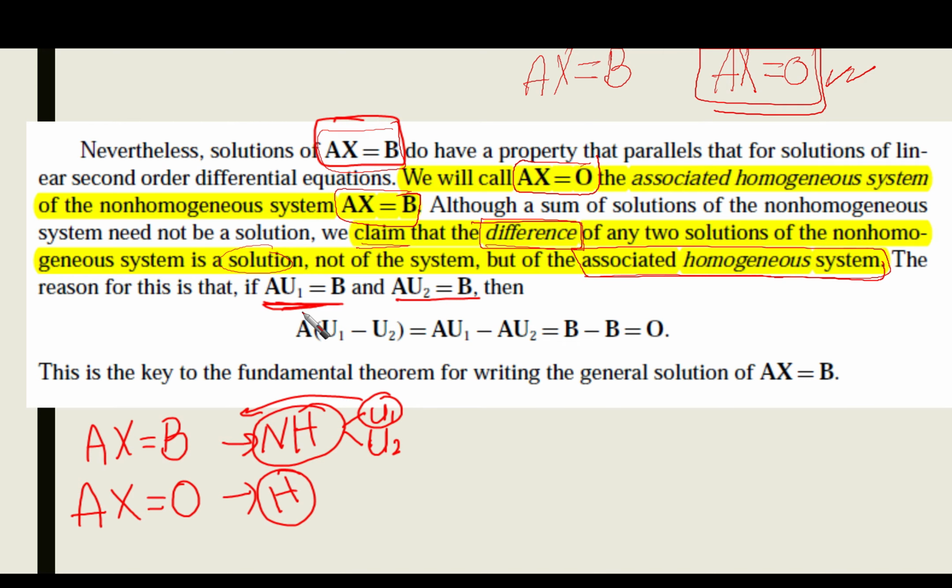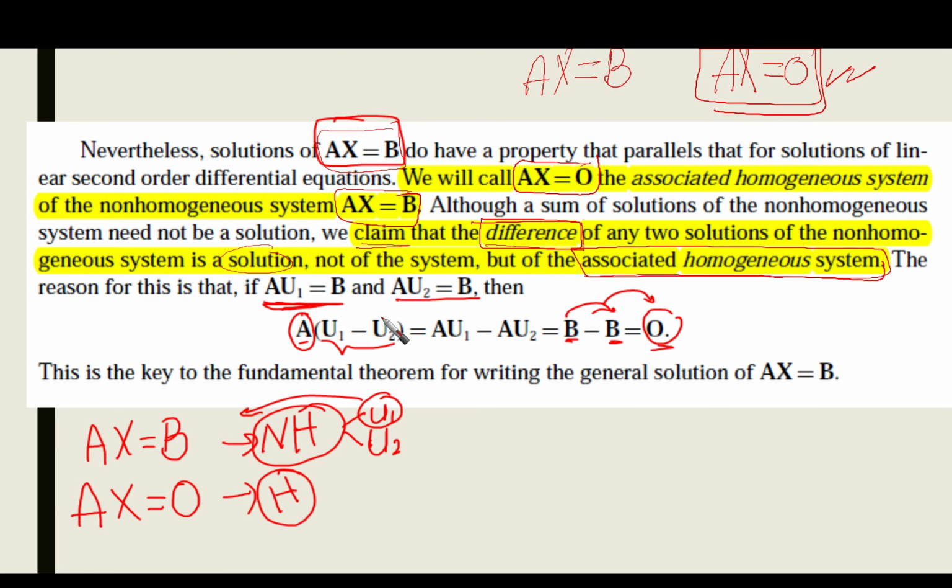Then subtract one from the other. So we're going to have A times (u1 minus u2) equals A u1 minus A u2, and the right hand side is going to be B minus B, which is going to give us 0 at the end. Okay, the vector of 0. In this case, now we are having A times (u1 minus u2) equal to 0, right?